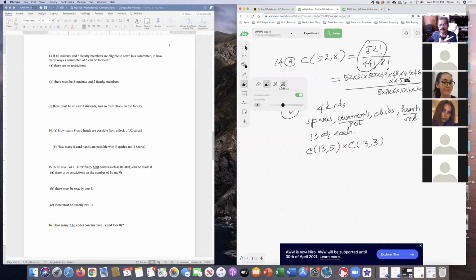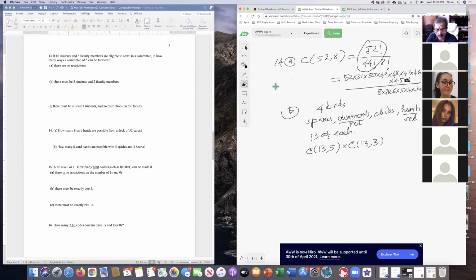So for how we did 13B, how come we just didn't divide 52 instead of actually knowing each of the cards being 13? Okay. Yeah, there are 13 spades, 13 diamonds, 13 clubs, 13 hearts, altogether 52. Right? 13 times 4 is 52.